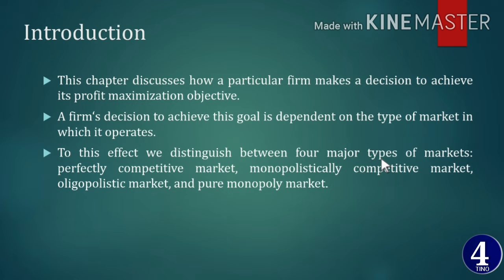So the criteria to classify markets into different types: first, the number of buyers and sellers is extremely important. Second, the price determination mechanism. How is the price of a product determined?